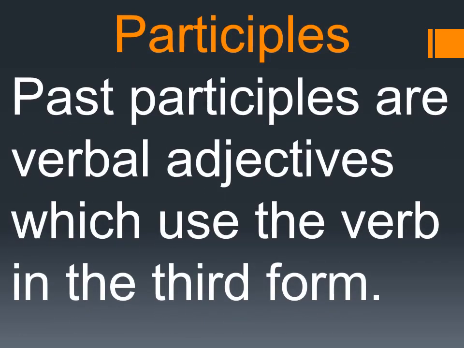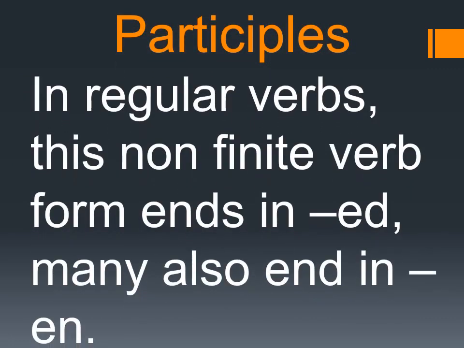Past participles are verbal adjectives which use the verb in the third form. Earlier I told you about participles which are used as adjectives and which have the ing form of the verb, and the second one is past participles which are used as adjectives and which have the third form. So the ing form of the verb or the third form of the verb which are used as adjectives are known as participles. For example, in regular verbs, this non-finite verb form ends in ed.